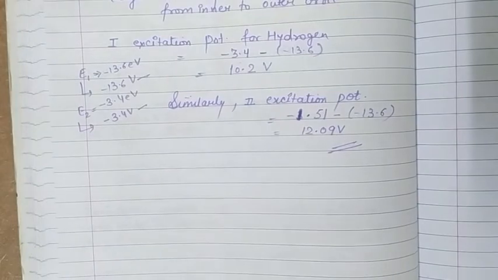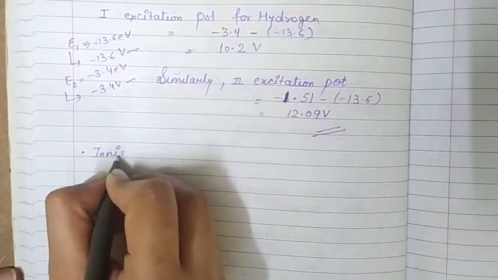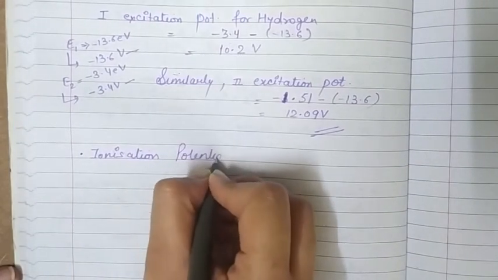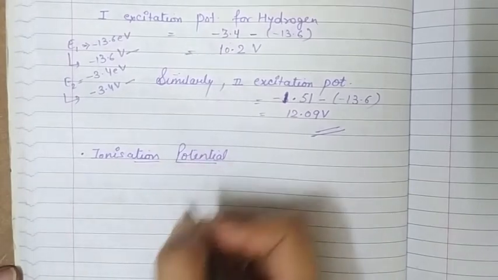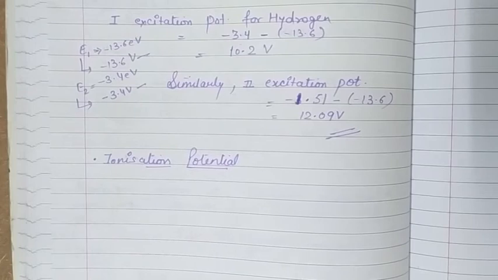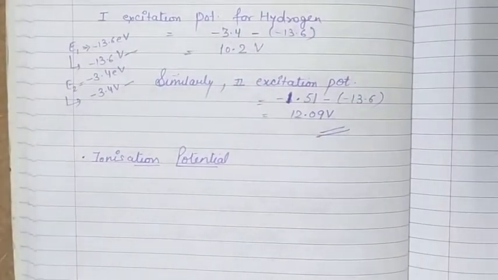Now the last term we have is ionization potential. Similar to the concept of ionization energy, now we have to take the electron to infinity, that means out of the atom.